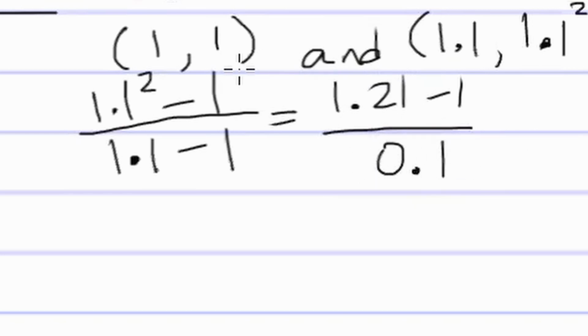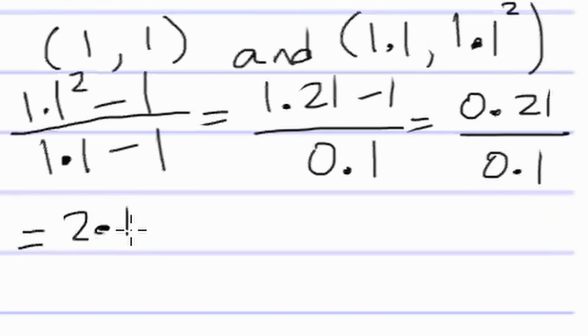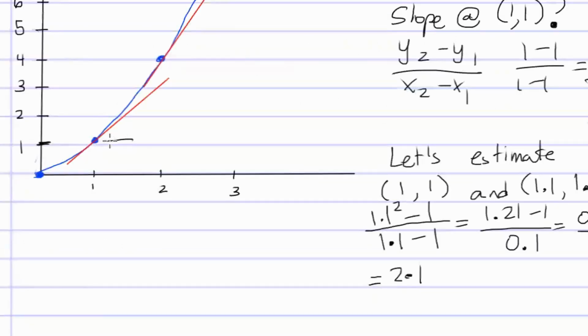My first point and second point are 0.1 apart, which is good for estimation. So 0.21 over 0.1. Let me find my calculator. That's 2.1. Can I write m for slope?